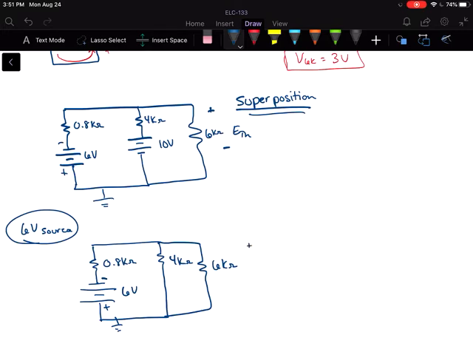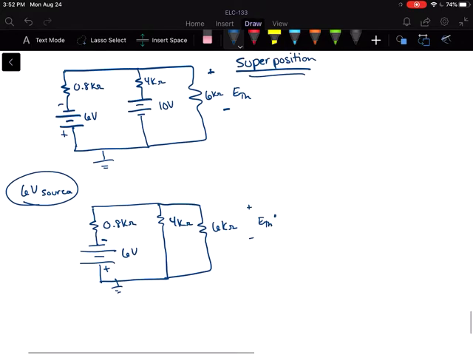Okay, so this time we're looking for E Thevenin prime, right? Because it's just due to the one source. So this is really a series parallel circuit if we want to reduce and return. So we would combine our 4K and our 6K here.